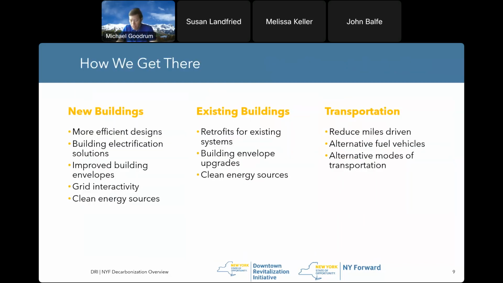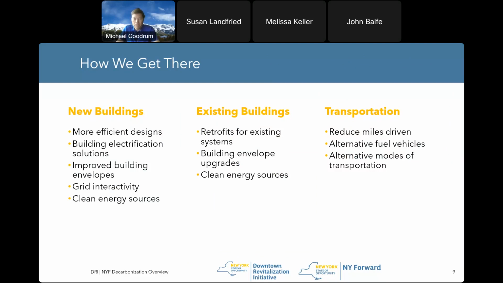Now, thinking about how we get there within DRI, we showed the slide earlier with the contributions from buildings and transportation, which are all areas that these projects impact. For new buildings, it's making them more efficient, adding in clean energy sources, making electrification solutions, things like that.